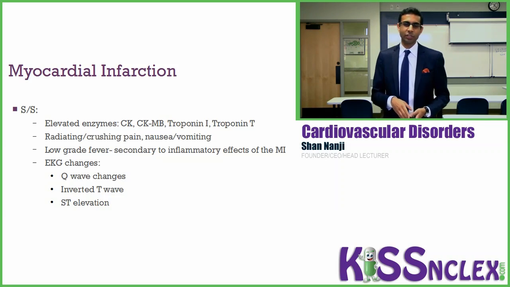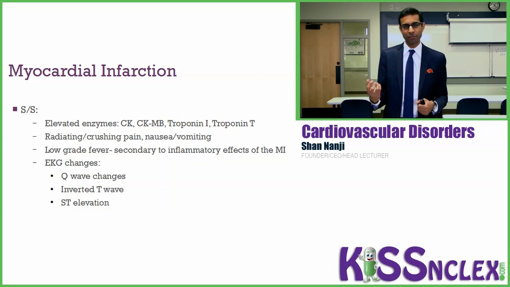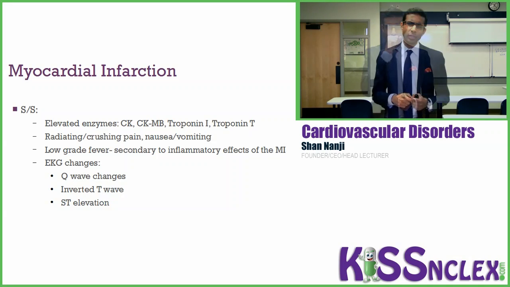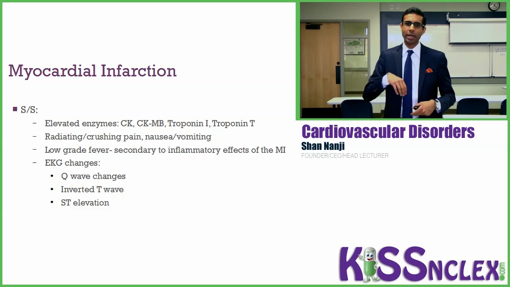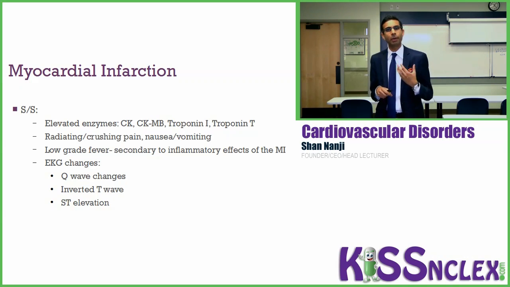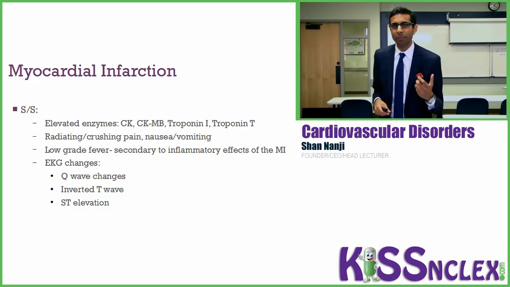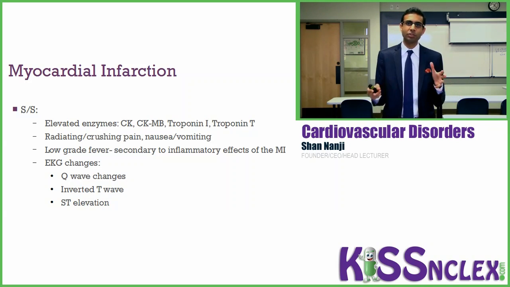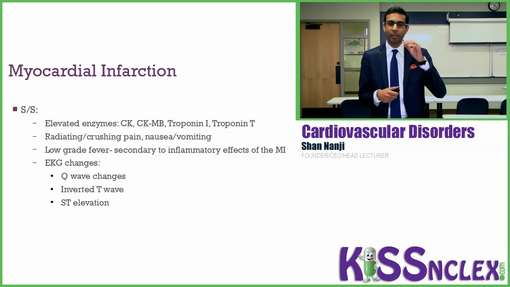The thing about MI is you're going to have different symptoms and pain-related symptoms that will not necessarily be localized to the chest. So like a radiating or a crushing pain, as well as nausea and vomiting. And one thing to really keep in mind is that these symptoms can really be nonspecific in females, okay? So keep that in mind. They can really present quite differently if they're female.